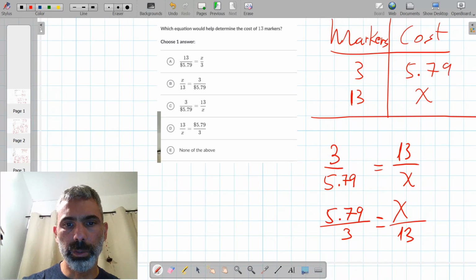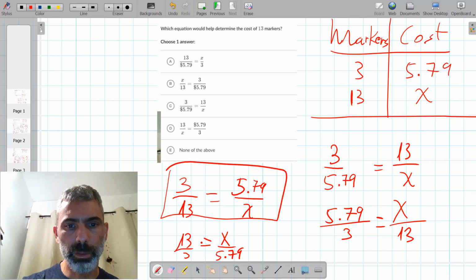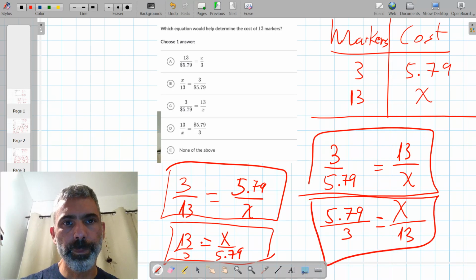And another 2 options are 3 over 13 equals 5.79 over x, or 13 over 3 equals x over 5.79. So these are the 4 valid options. 1, 2, 3, 4.